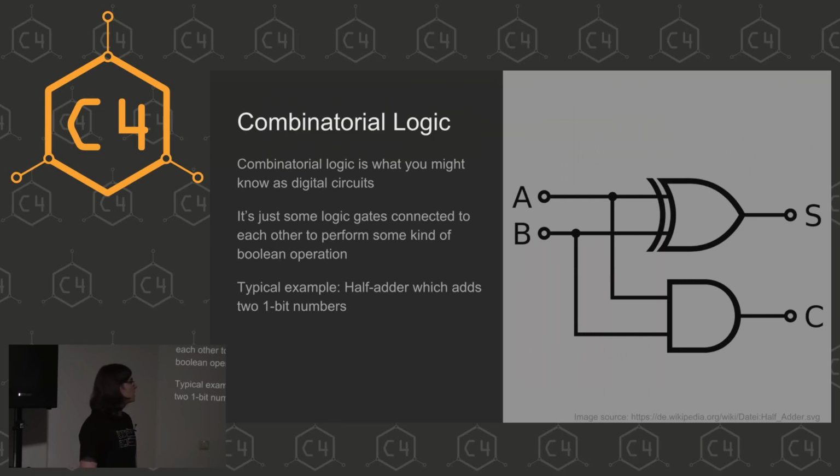You have two inputs, A and B, and you have a sum output and a carry output. Because if you add two 1-bit numbers, you get a 2-bit number out because it might overflow into the next binary place.